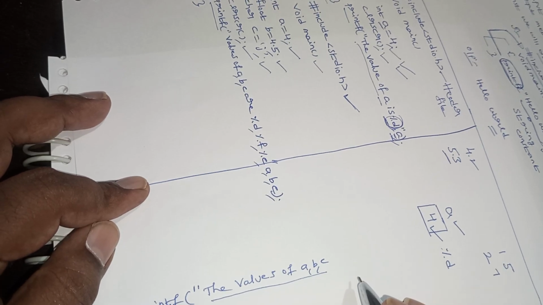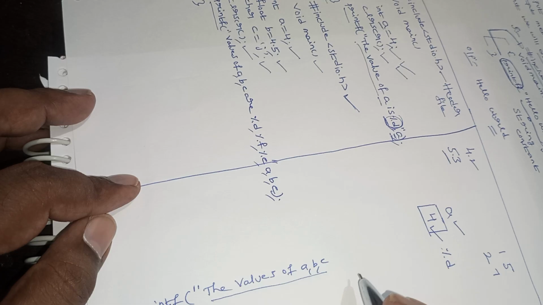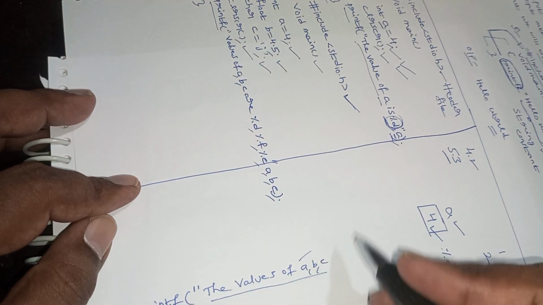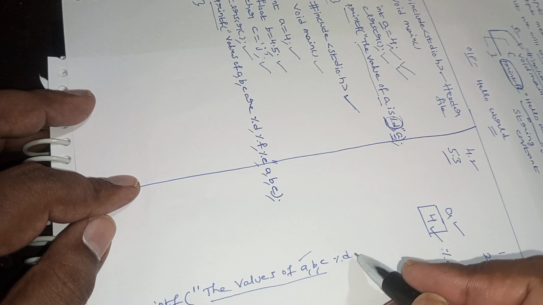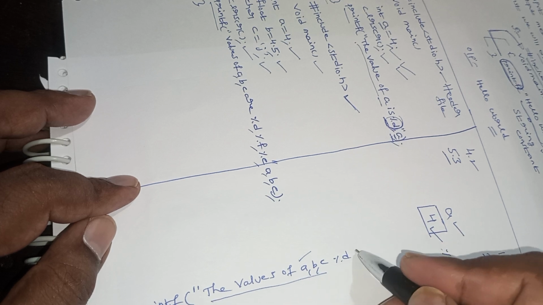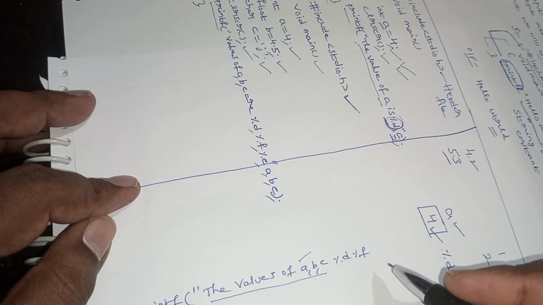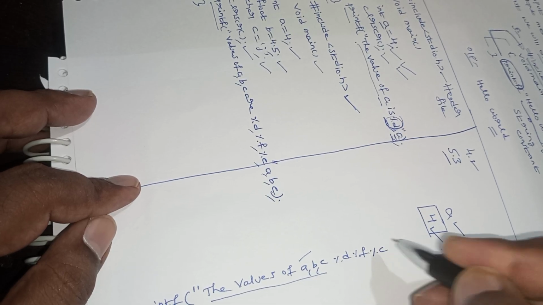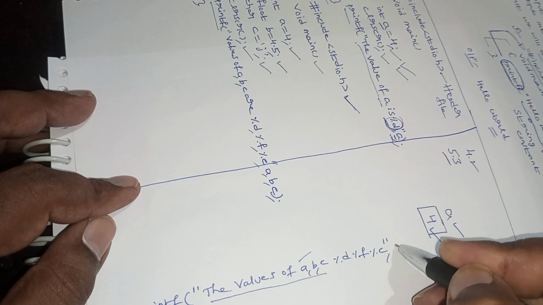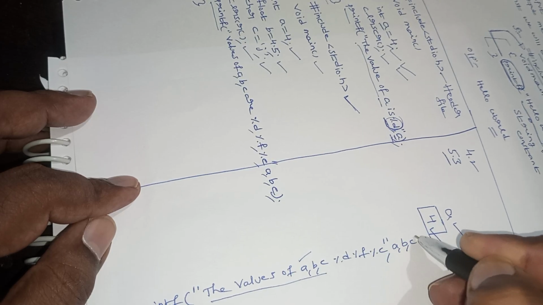You have to mention the format specifiers. Like, what is a? It is %d. What is b? It is a float. You have to write %f. What is c? It is a character. You have to write %c, double quotes, comma, a comma b comma c.